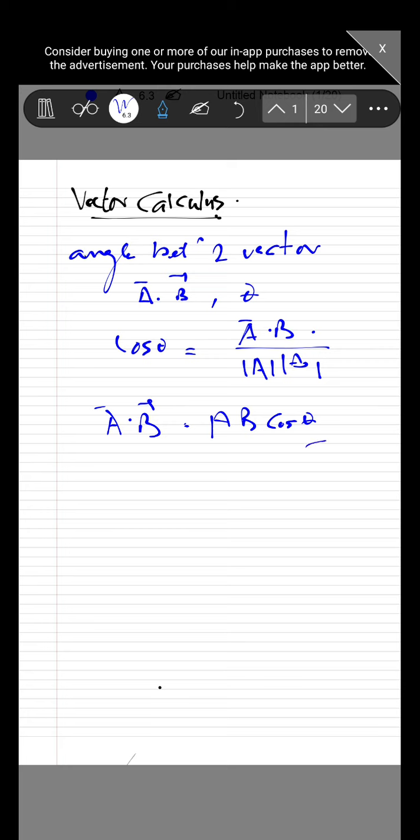And if the vectors are coplanar, that means they are on the same plane.